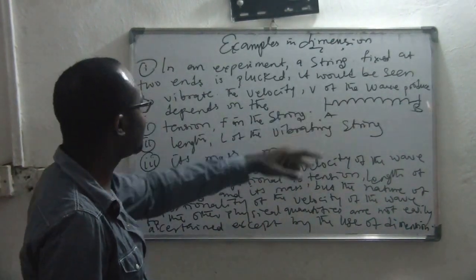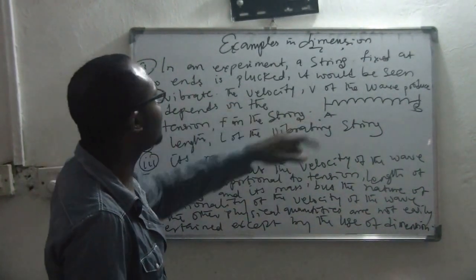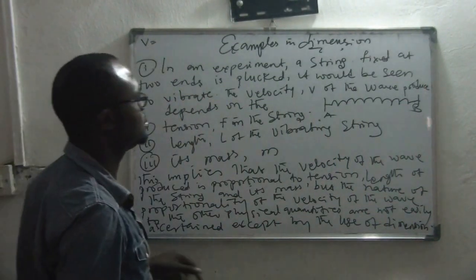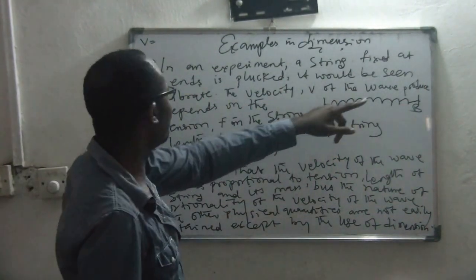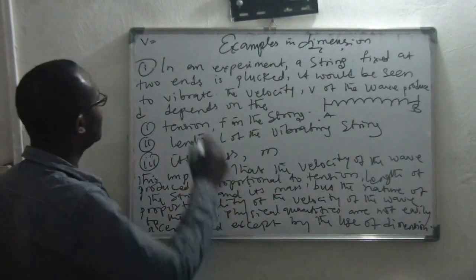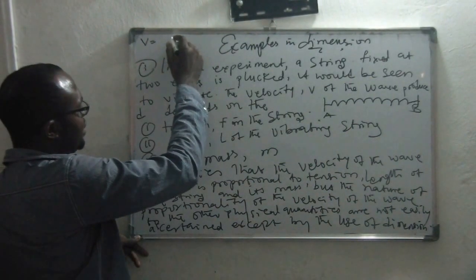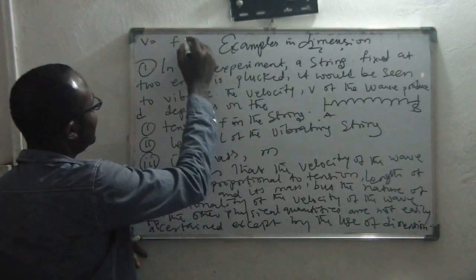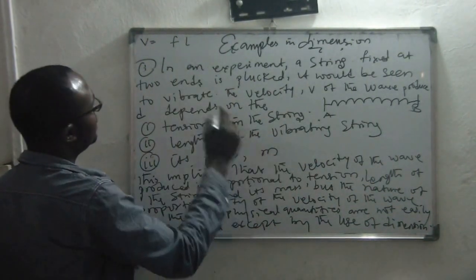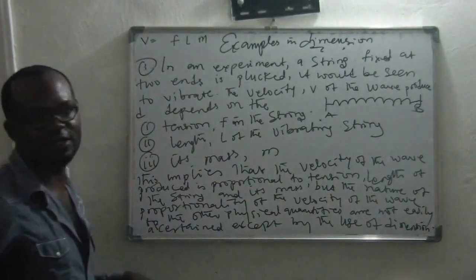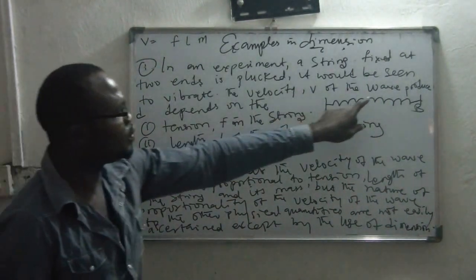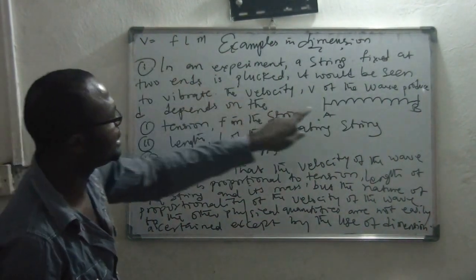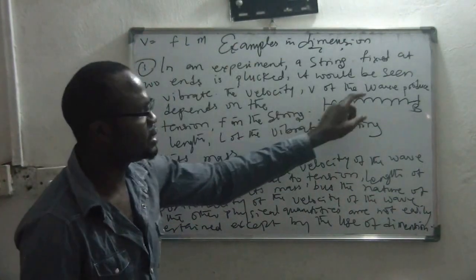The velocity V of the wave produced depends on the tension F, length L, and mass M. So the velocity with which this will move will depend on the tension, the length of the wire, and the mass of the wire.